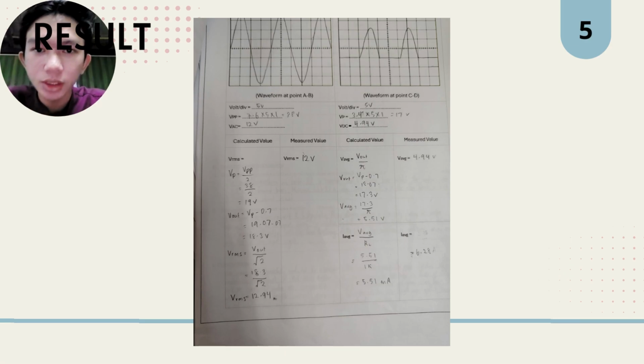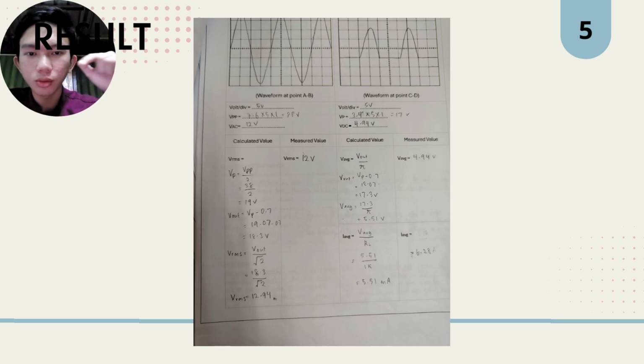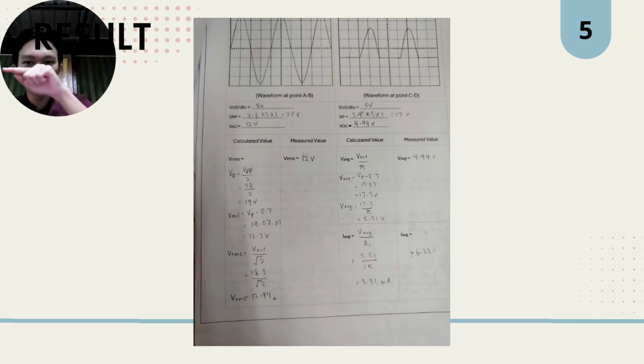So, this is the result that we get from that practical work. For the waveform C to D, we got a half sine waveform, which is not a complete waveform. We can see that it's only like this: you got two waves, not the complete wave.